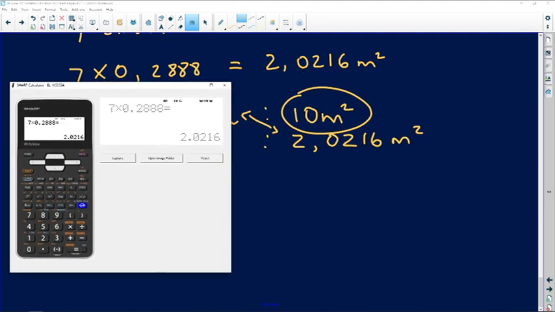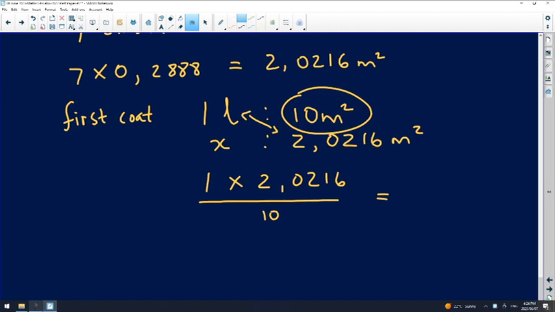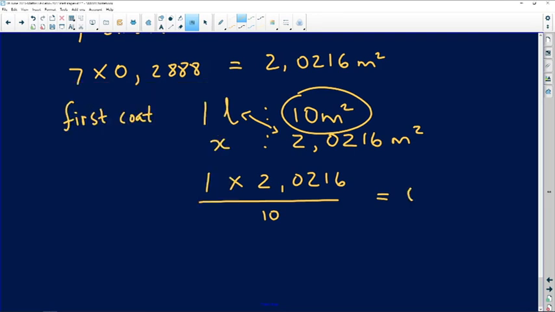So that's going to be 1 times 2,0216 all over 10. 2,0216 divided by 10 is going to be 0,20216 liters. So it's not going to be a lot of liters for the first coat, okay, for the 7 houses.